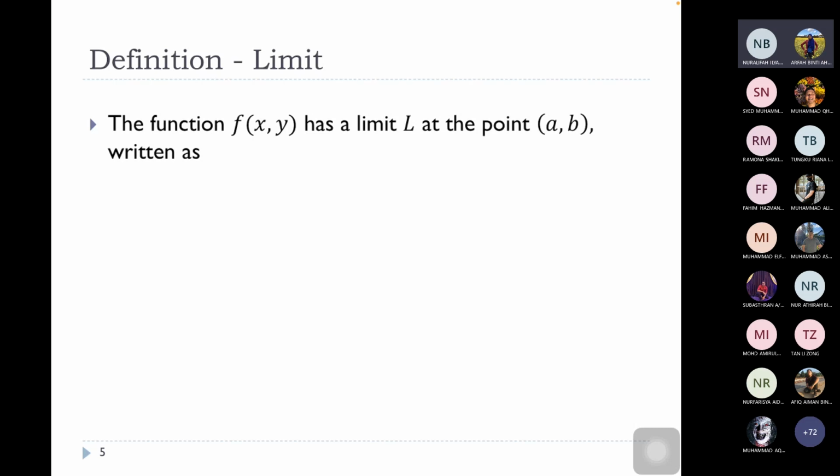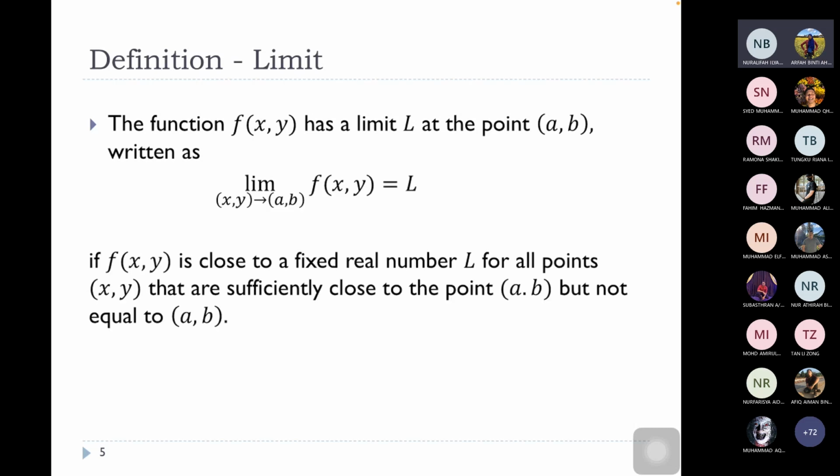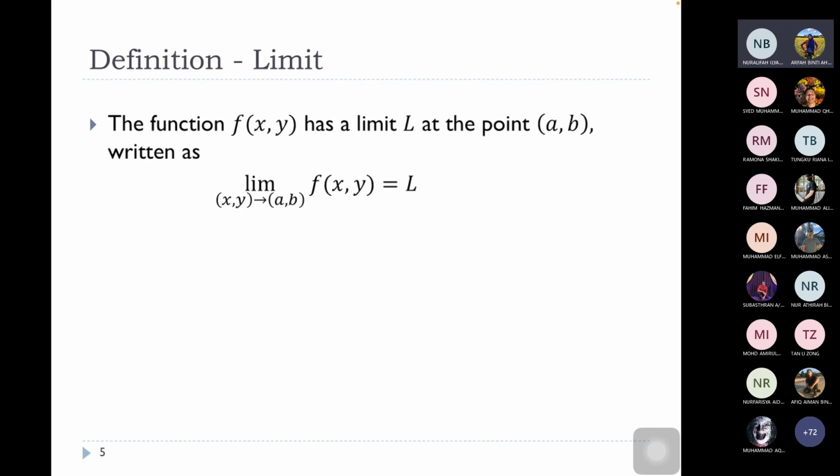Okay. So daripada sini, function f xy has limit L at the point A and B. So kita tulis dia sebagai the limit of x dan y approach AB. Approach yang ini bermaksud approaches, okay?